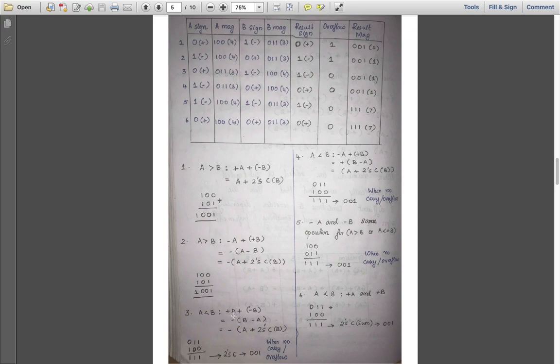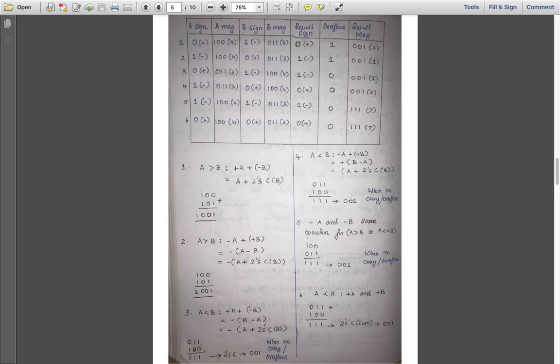In this third case, you are doing subtraction in which positive A and negative B, you can rewrite it as A plus minus of B. You can write it as minus B minus A. It is nothing but A plus minus B. And then this again can be written as B minus A. So you're subtracting A from B, which can also be rewritten as A plus 2's complement of B, right? So you can write it in this form also. So now you're doing A plus 2's complement of B.